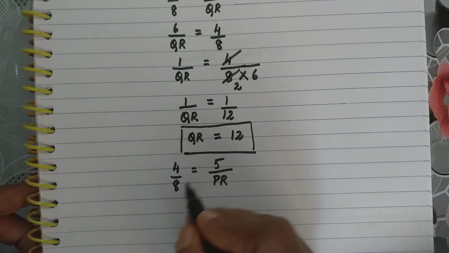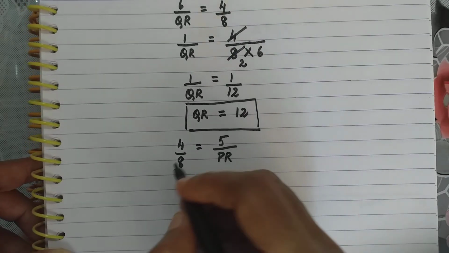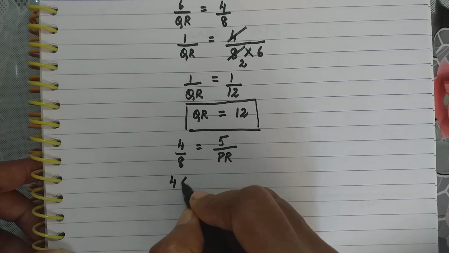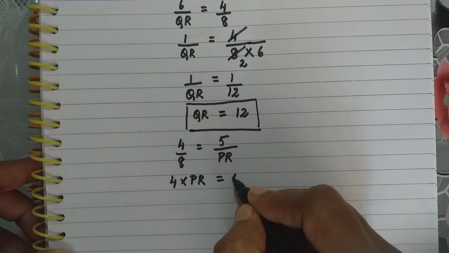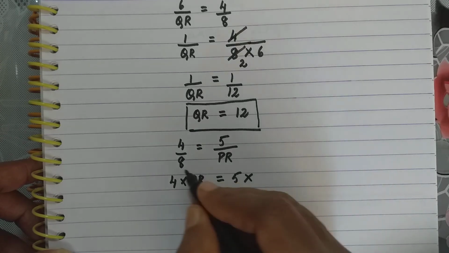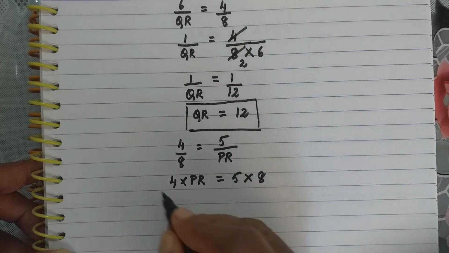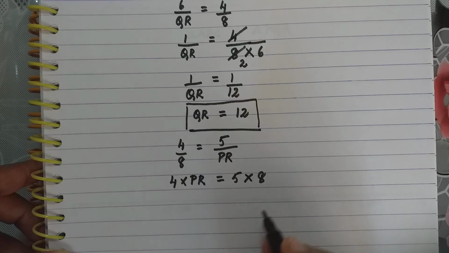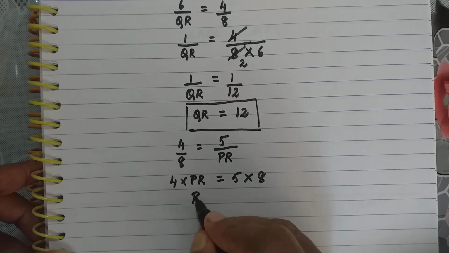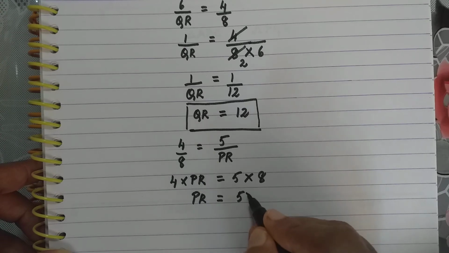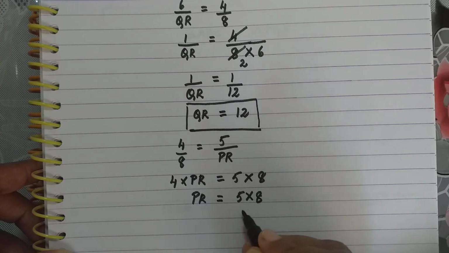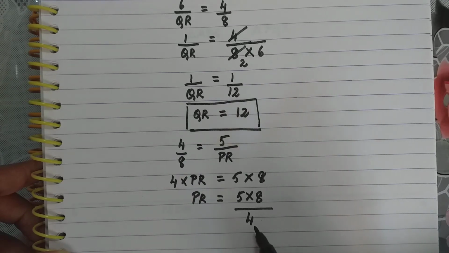Now how do you cross multiply? We can cross multiply here. 4 into PR is equal to 5 into 8. Now I don't want 4 here, so 4 I bring this side. PR is equal to 5 into 8 upon 4. 4 comes to the denominator.